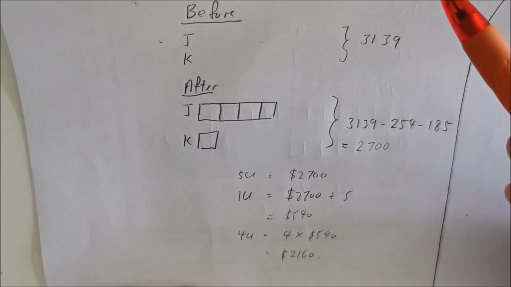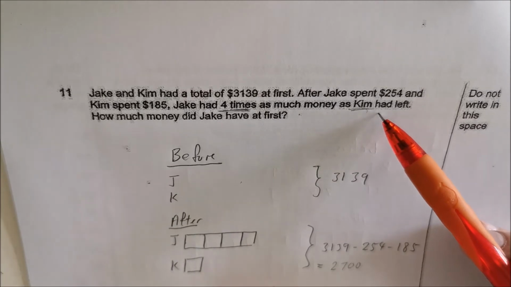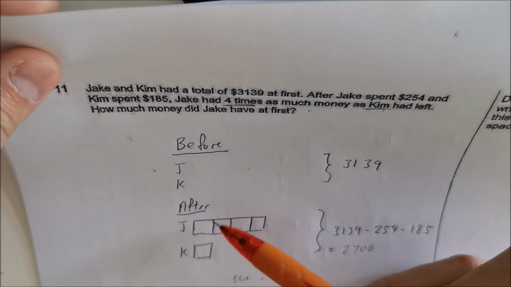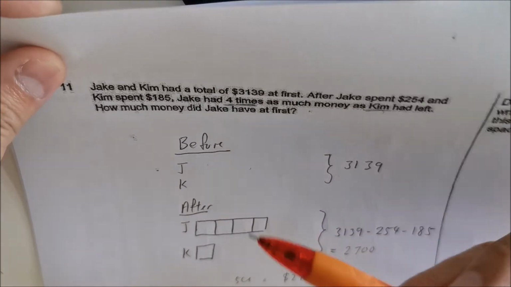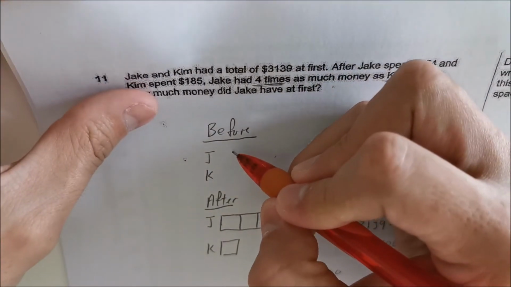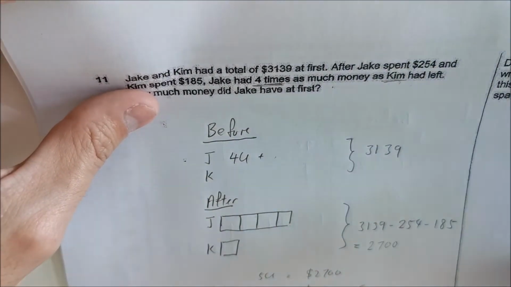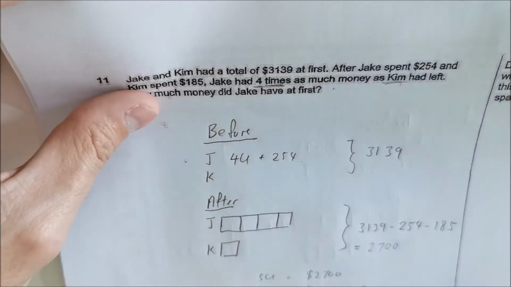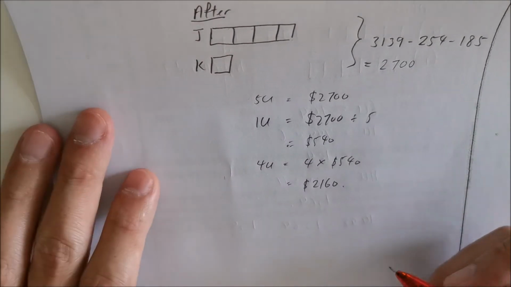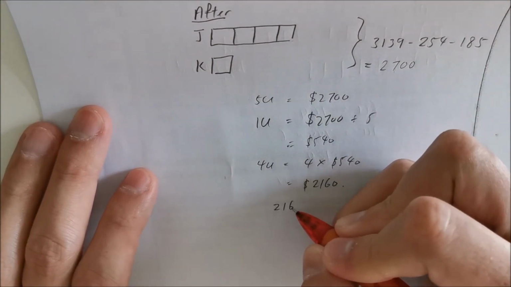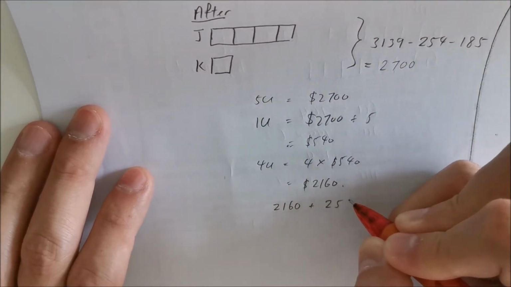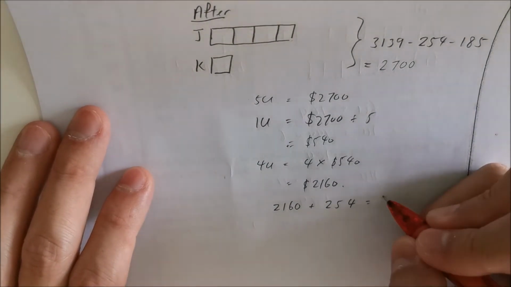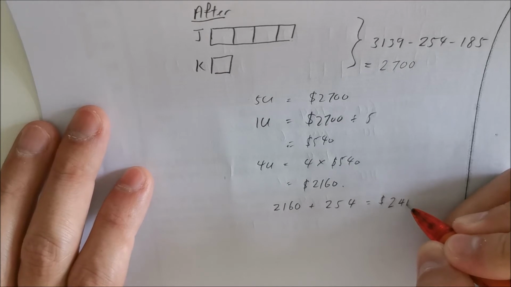Because Jake spent 254, to find Jake for the before, isn't it just we take 4 units and then we plus back the money that he spent, which is 254. So the answer in this case will be just 2,160 plus 254, and I'll get the answer as 2,414.